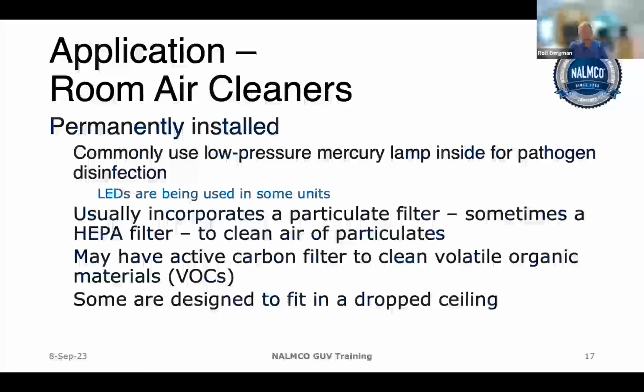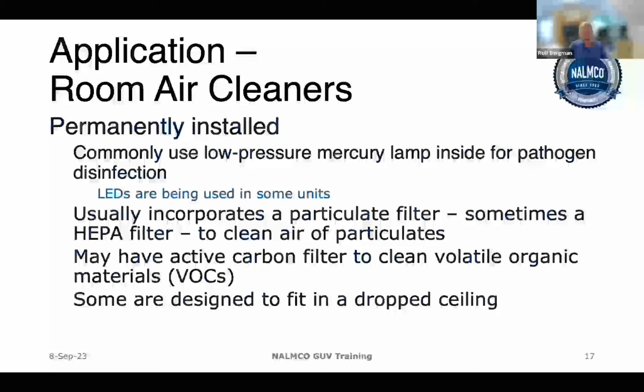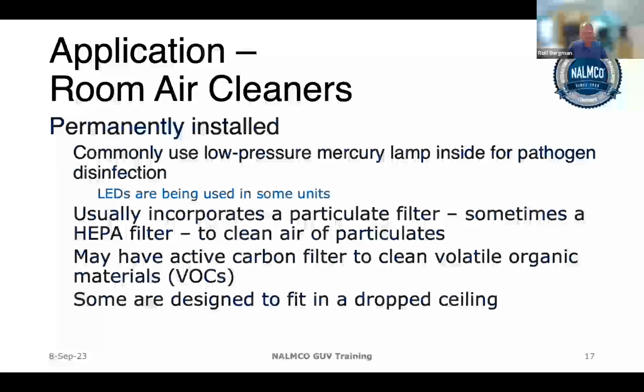It cleans the air of both the volatile organic compounds and small particulates. However, the price obviously goes up as you add these elements.